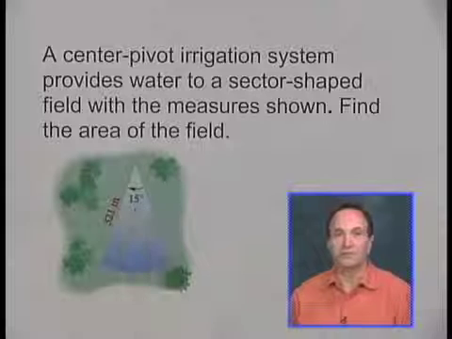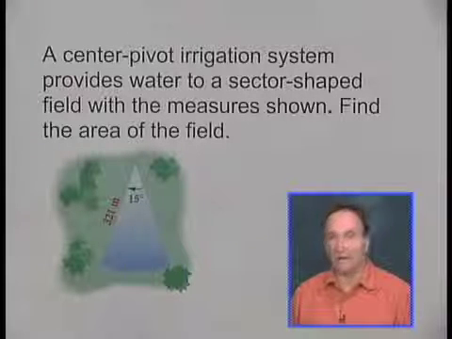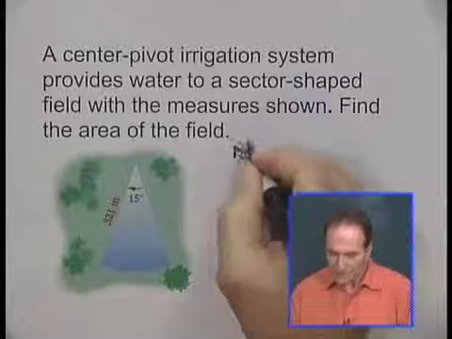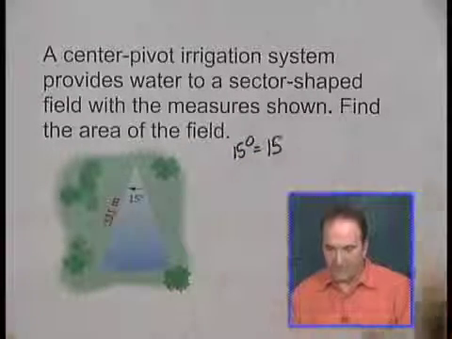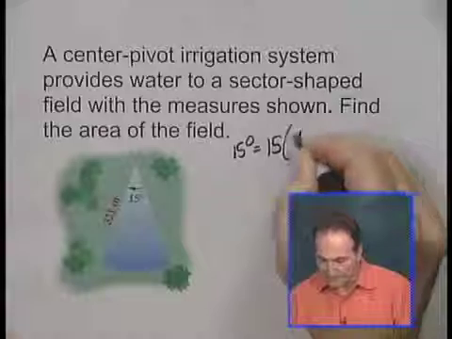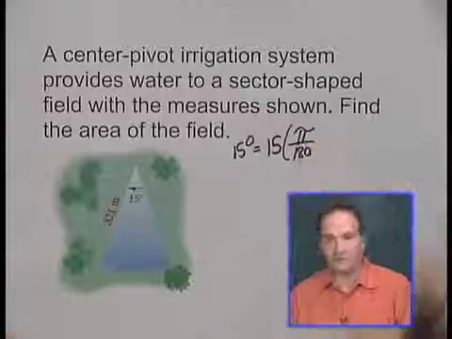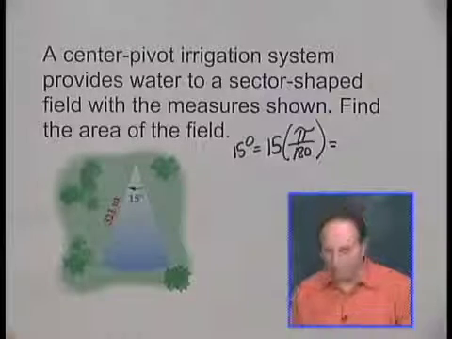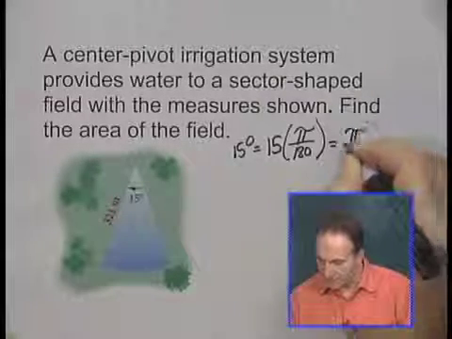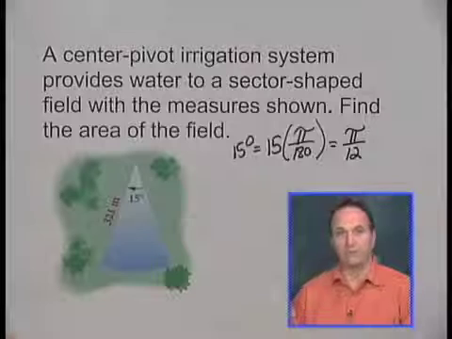So we begin by converting 15 degrees to radians. So 15 degrees would be equal to 15 times pi divided by 180, and that converts it to radians, which is equal to pi divided by 12.